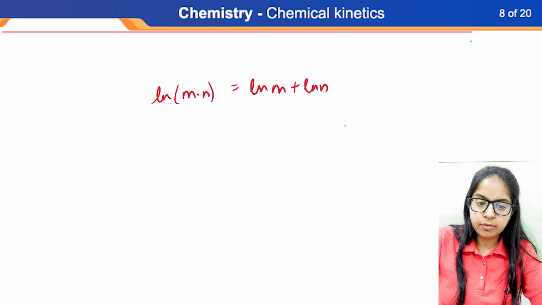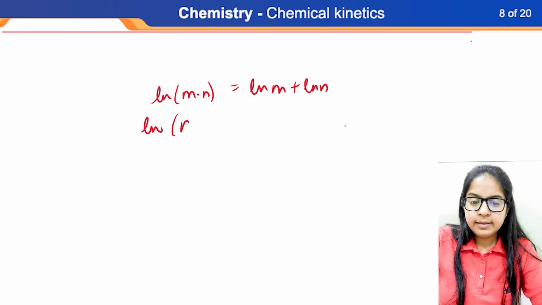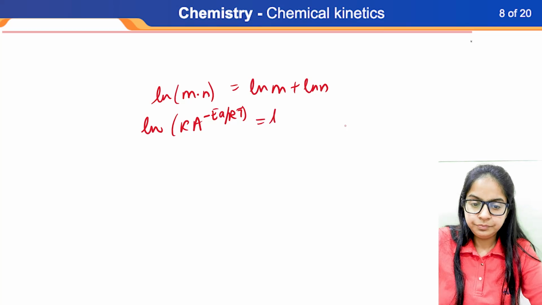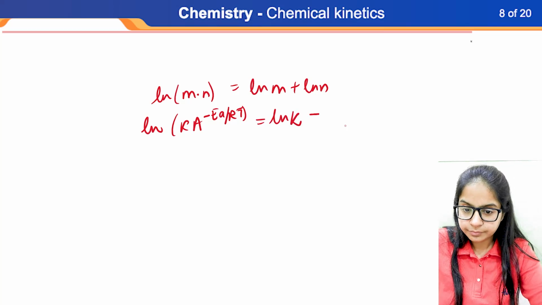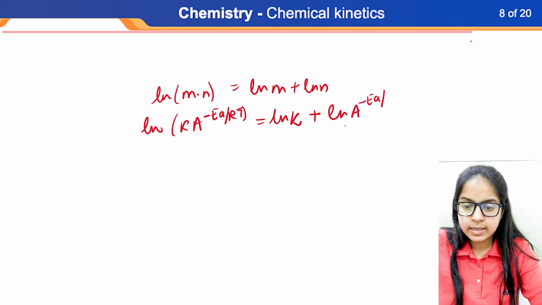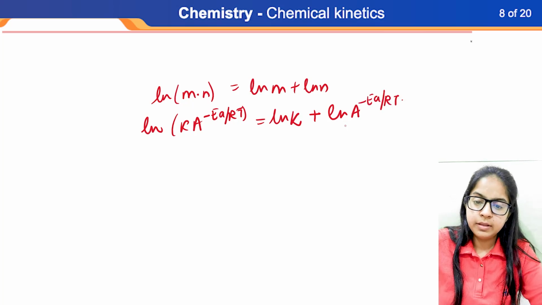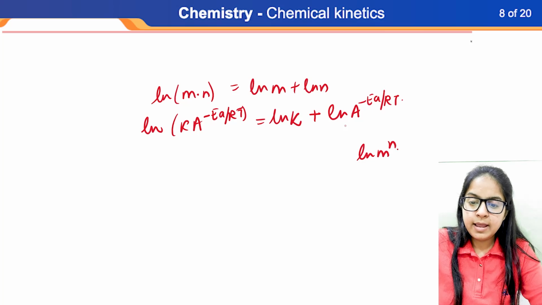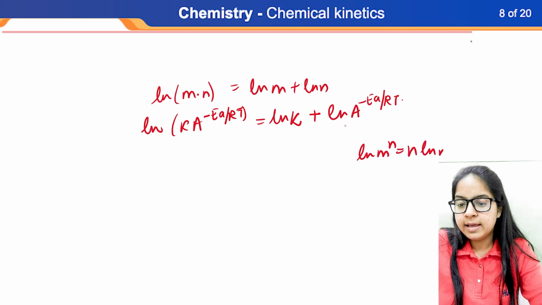So ln of A e to the power minus EA by RT is equal to ln A plus ln e to the power minus EA by RT. ln m to the power n has another formula: n ln m.